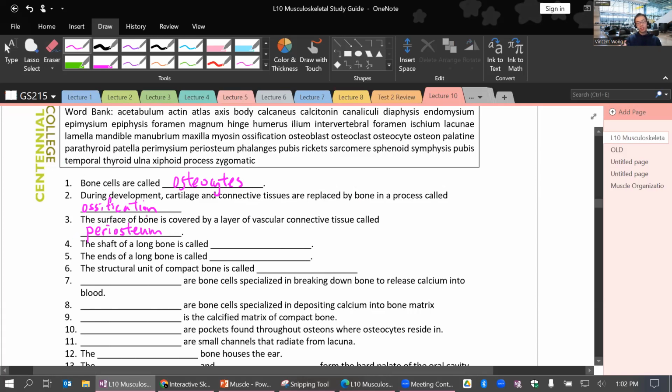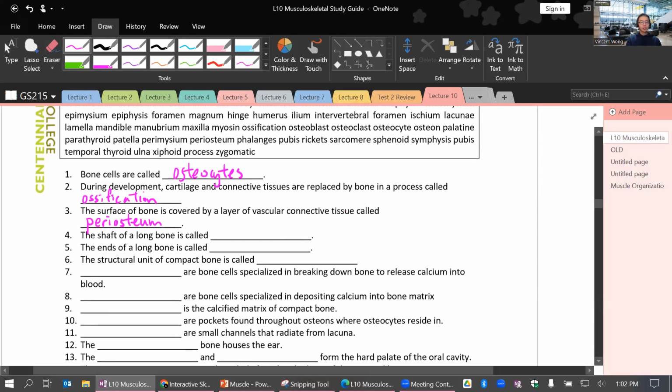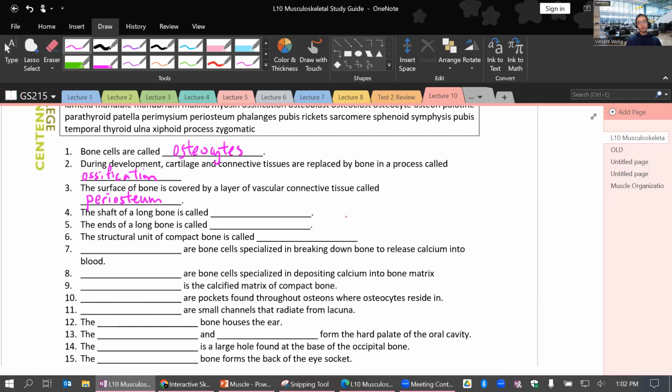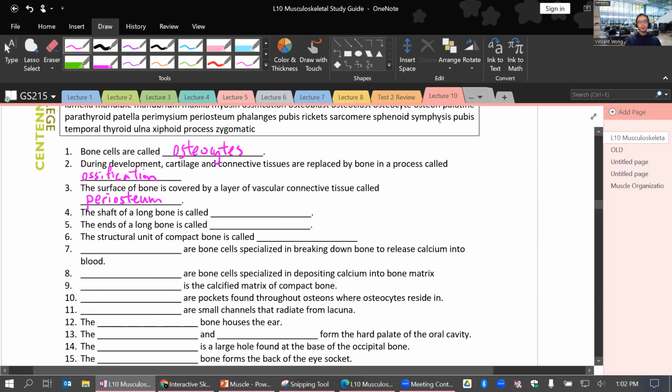It allows things like tendons, blood vessels, and nerve endings to connect to it. So if you think about a long bone like this, the shaft of the bone is called the diaphysis. Okay, diaphysis, number 4.